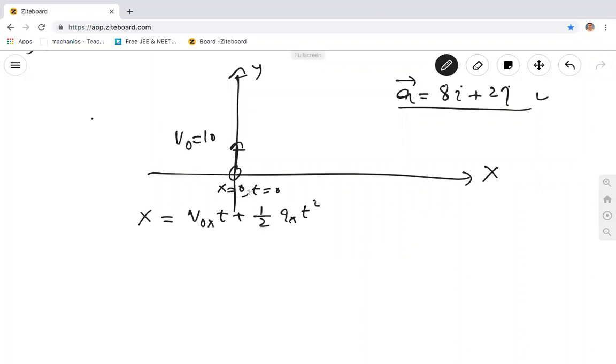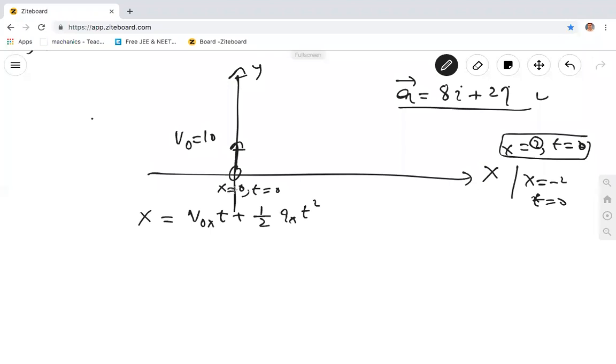But if you would say that the particle position was, suppose, x is equal to 2 at t is equal to 0, then your x would have been this plus this 2. If you would say x is equal to minus 2 at t is equal to 0, then initially you had to add minus 2. That means x is equal to this minus 2 plus this and plus this.